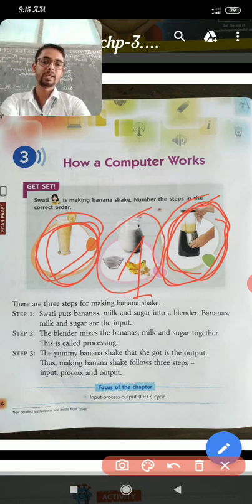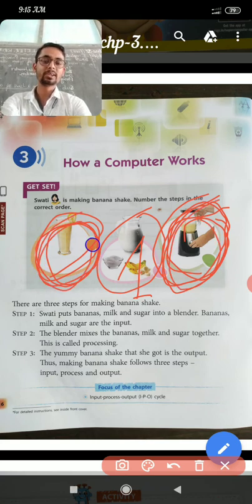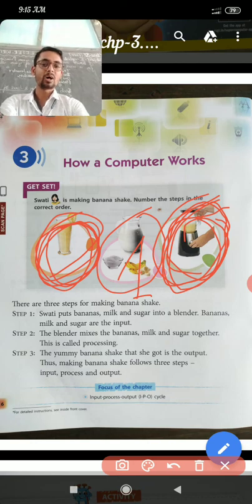Input. The grinding in the mixer grinder is the process. And later we get the juice, so this is what? Output. This is the main process of a computer, that means input, process, output.